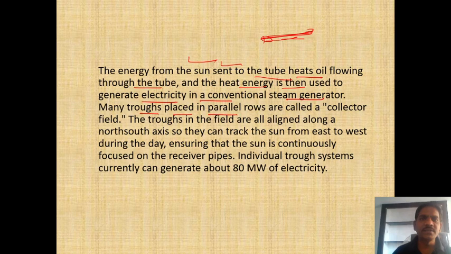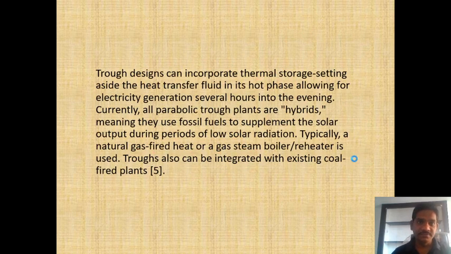Many troughs placed in parallel rows are called a collector field. The troughs in the field are aligned along a north-south axis so they can track the sun from east to west during the day, ensuring that the sun is continuously focused on the receiver pipe. Individually, the trough system currently can generate about 80 megawatts of electricity. Yes or no? Yes.